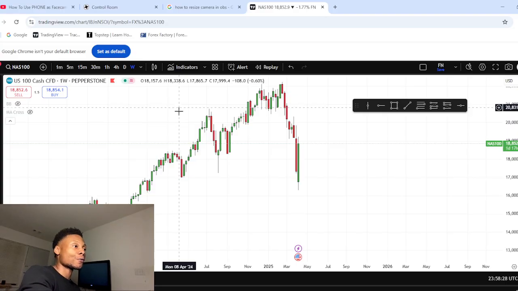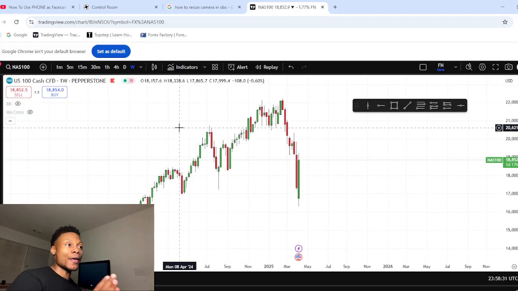We're going to start off with a method called top-down analysis where we will start at the high time frame for major key levels or key areas of interest, and we will scale down to lower time frames for more current entries and more current movements of where price action is going.